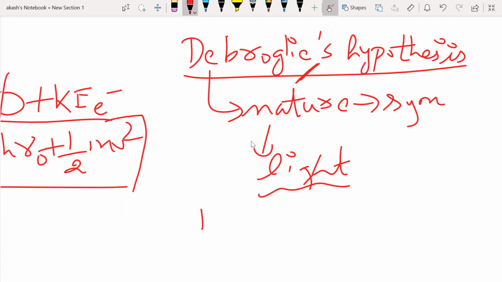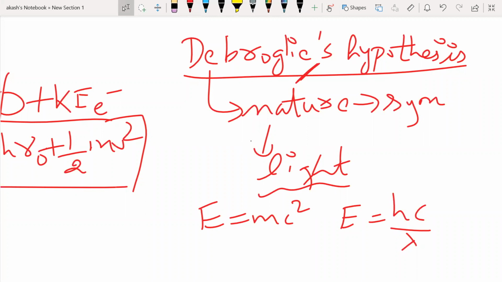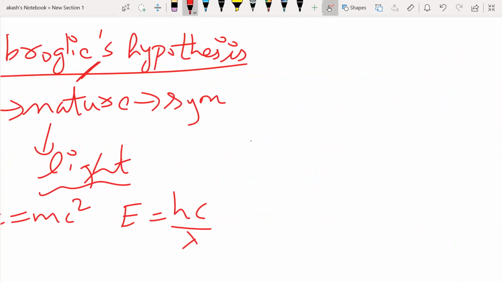You know the two famous equations: E is equal to mc squared for the particle nature, and E is equal to hc by lambda, or E is equal to h nu, for the wave nature. He just combined both of them, so you get de Broglie's wavelength lambda.